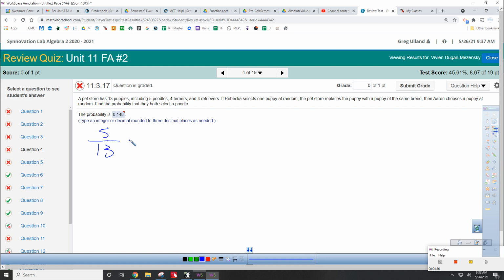This puppy factory is going to magically just reproduce a poodle instantly. So now, Aaron has the same probability as Rebecca of selecting a poodle. And means multiply. So the answer is 25 over 169, which is what 13 times 13 is. And when you pop that in your calculator, you get 0.148. Okay? Does that make sense?